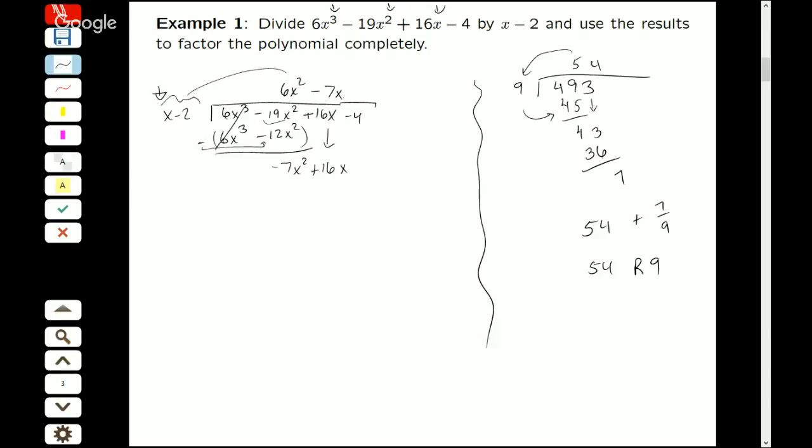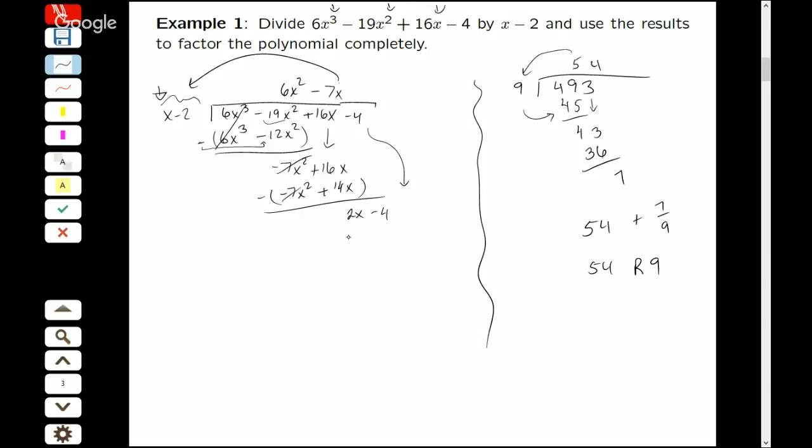Negative 7x, power is 1 there. Multiply now our negative 7x times everything. You're going to have a negative 7x squared plus a 14x and subtract. The negative 7x squared should cancel. You have 16 minus 14 is what? So 2x.